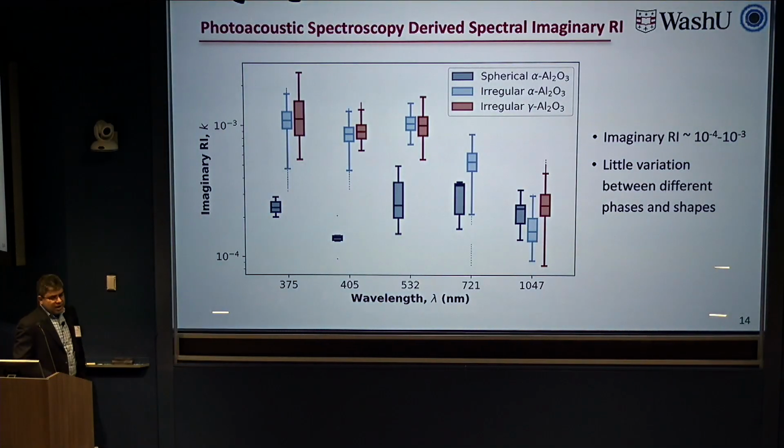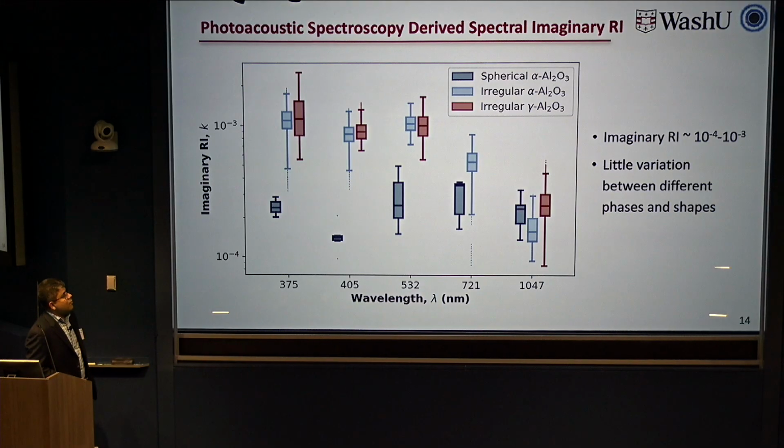So what did we find? We ran statistically significant experiments. I give a lot of credit to my students and postdoc Taveen. They ran 35 different runs after the November meeting. And what we found was that different polymorphs of alumina did not really matter when it came to the imaginary part of the index of refraction.